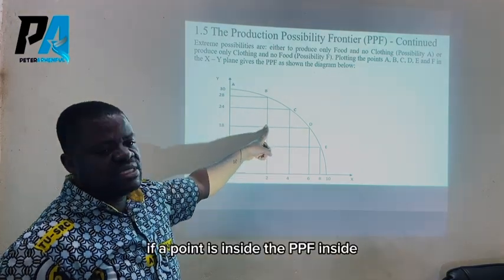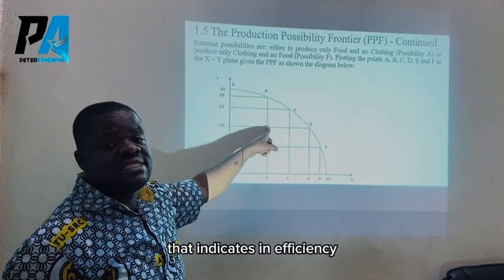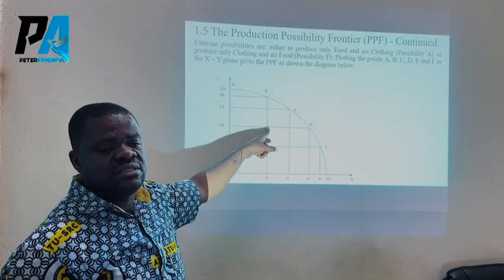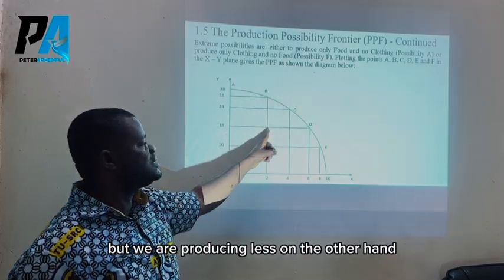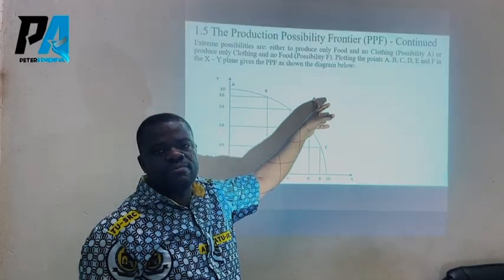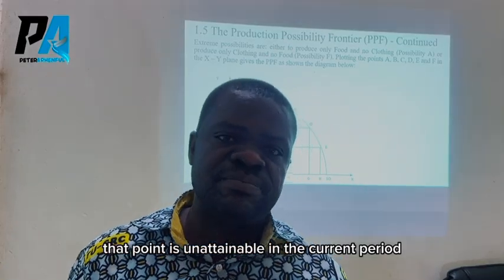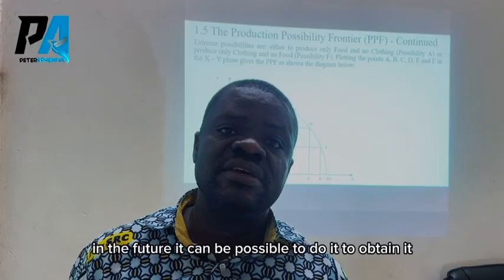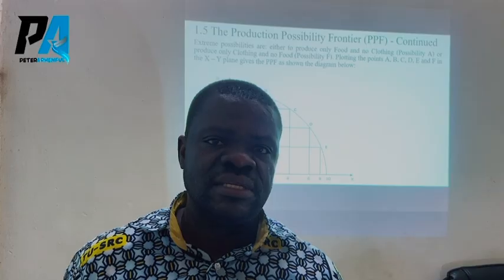If a point is inside the PPF, that indicates inefficiency, because we could have produced more, but we are producing less. On the other hand, if a point is outside the PPF, that point is unattainable in the current period. But however, in the future, it can be possible to attain it.